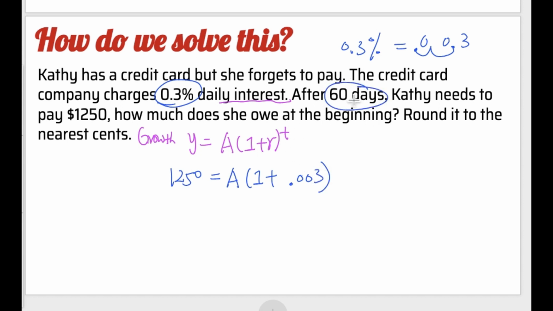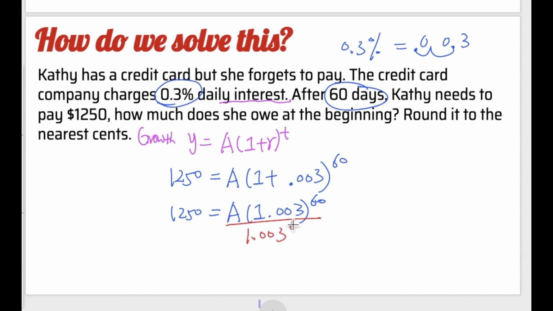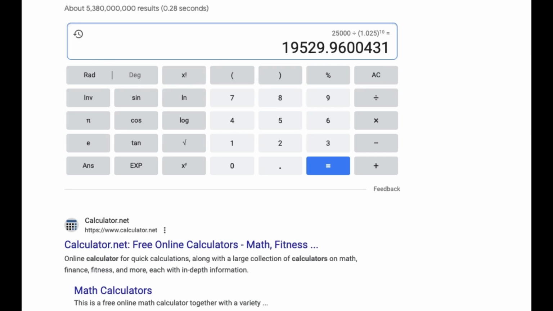T is 60 days in this situation. We can simplify a little bit to 1 plus 0.003, which is 1.003 to the 60. Now we just need to solve for a by dividing both sides by 1.003 to the 60. Again, we don't need to figure out the exact value of the denominator. All we need to do is put everything in the calculator.